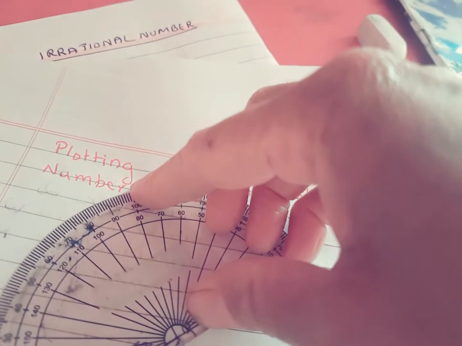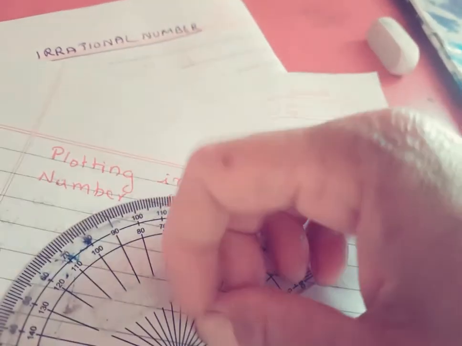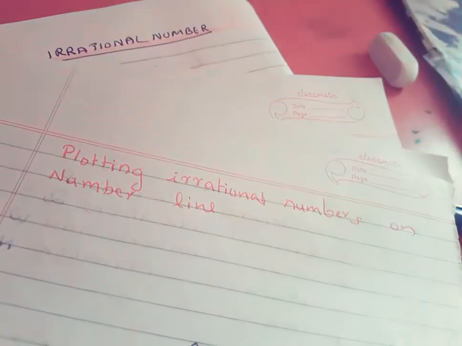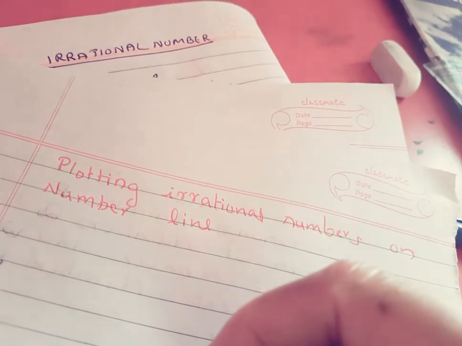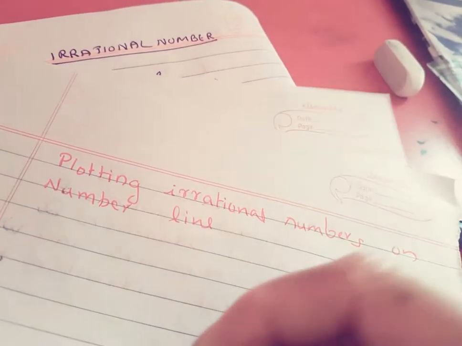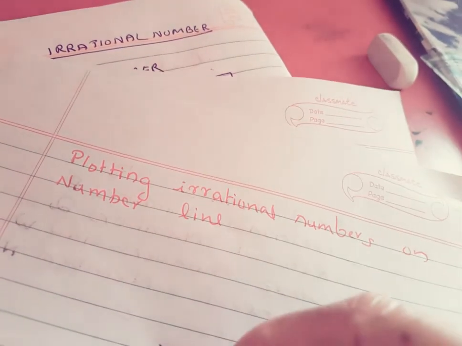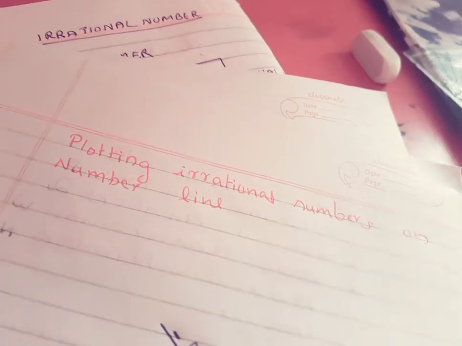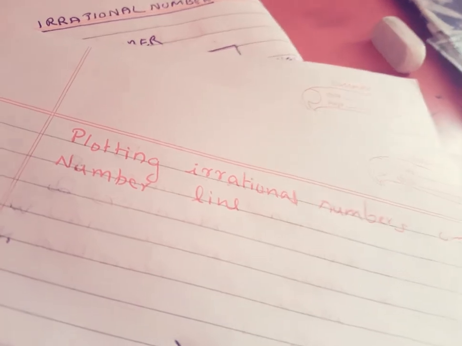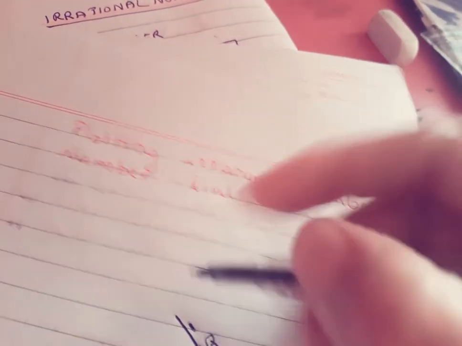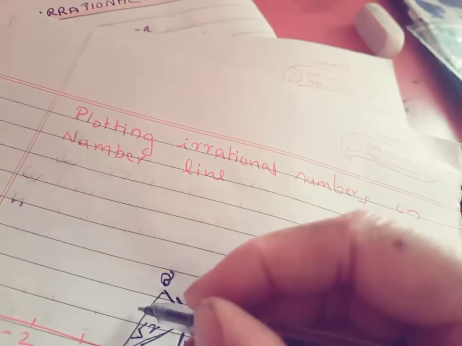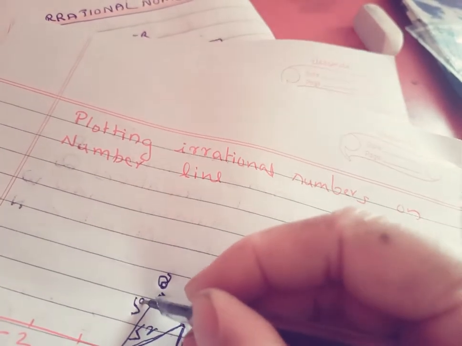Place the 0 of the protractor on P and mark the 90 point here and join, measuring 1 unit. This also 1 centimeter and this also 1. So you made a perpendicular for OP and mark the point as Q. Join OQ. This OQ will be your root 3.